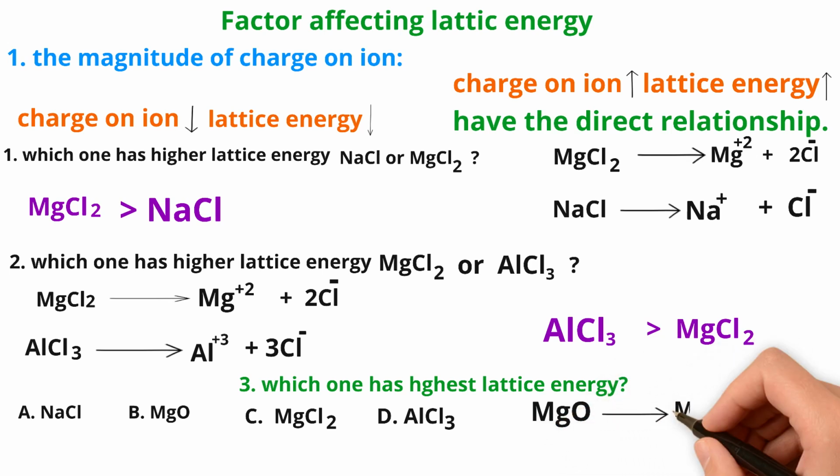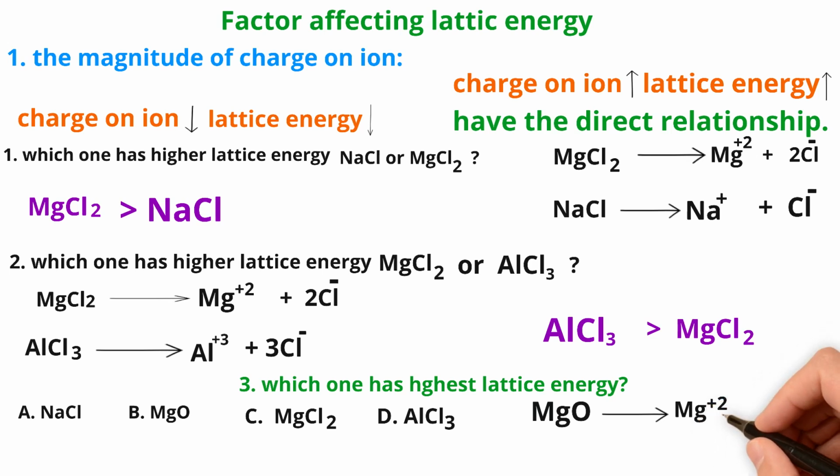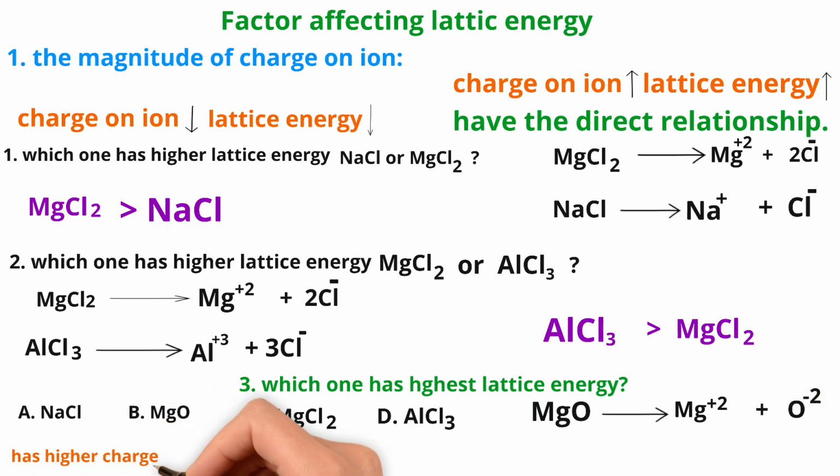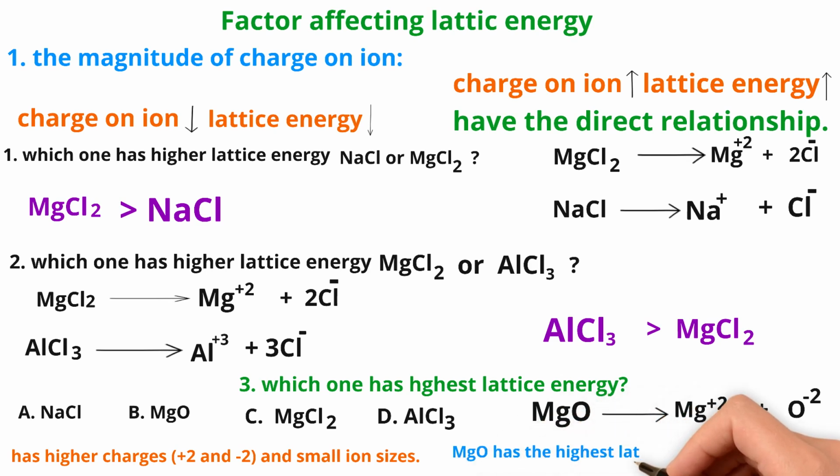In magnesium oxide, magnesium ion has plus 2 charge and oxygen has minus 2 charge. Therefore, magnesium oxide has higher charge, plus 2 and minus 2, and it has small ion size. Therefore, magnesium oxide has the highest lattice energy of the others.